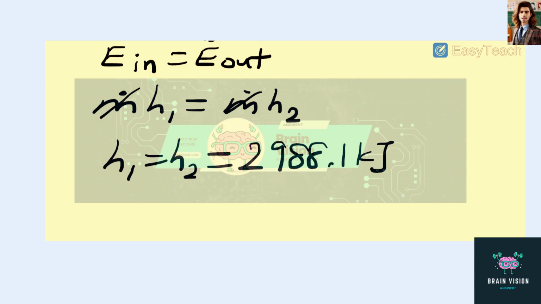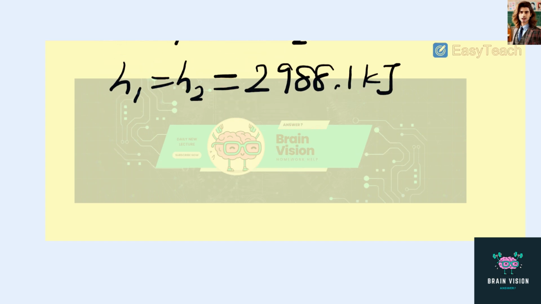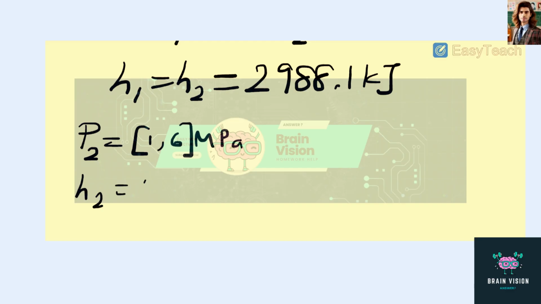Now what we can do is use these two quantities and our exit pressure to find our exit temperature. We know our exit pressure is going to be varying between 1 and 6 MPa, and our exit enthalpy is 2,988.1 kilojoules per kilogram.